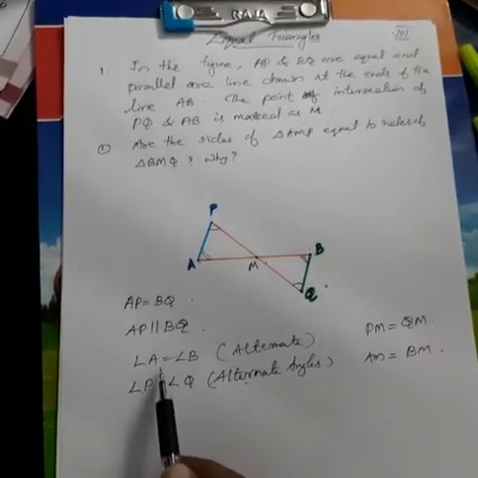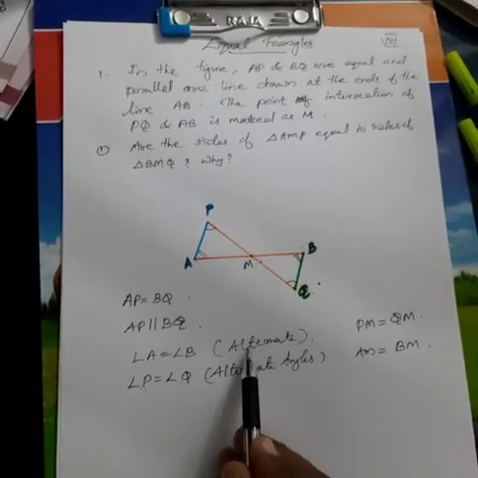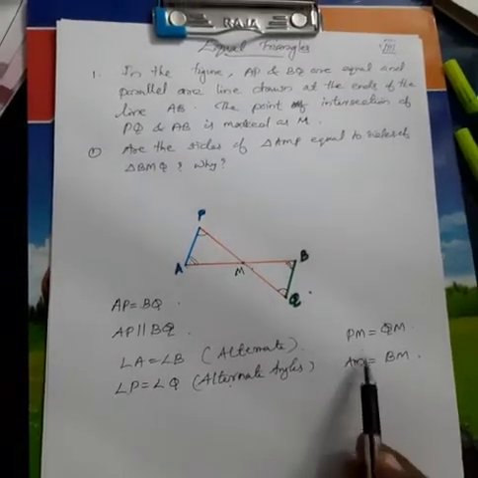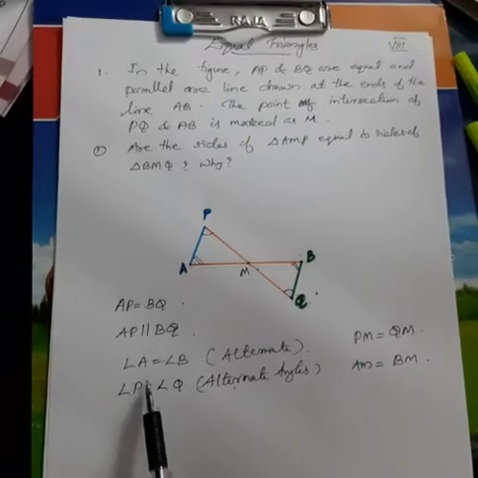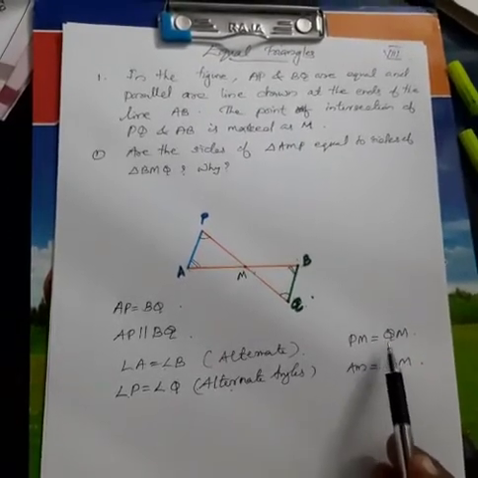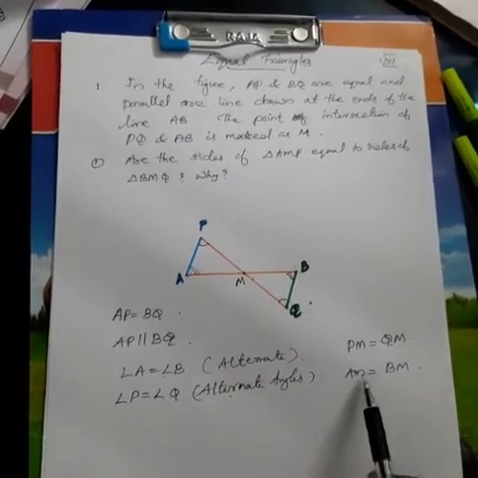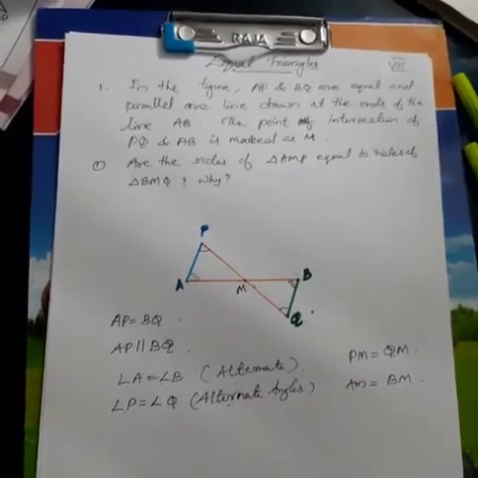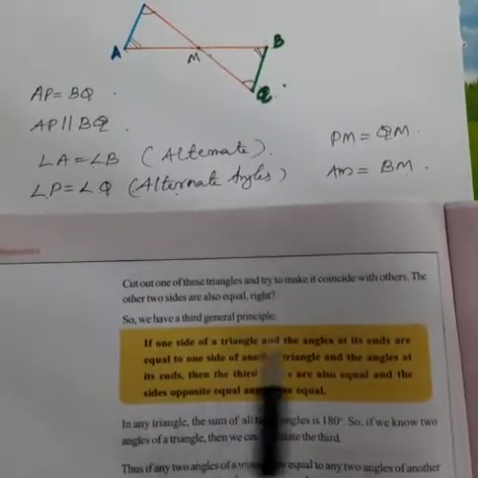So you got the alternate angles equal, and the sides opposite to equal angles are also equal. That you already studied in that law. So angle A is equal to angle B, and opposite sides PM is equal to QM, and angle P is equal to angle Q, the opposite sides are AM and BM. This is the reason why we wrote like this.